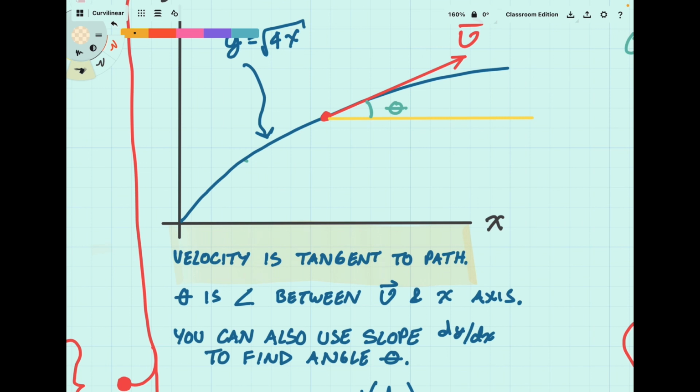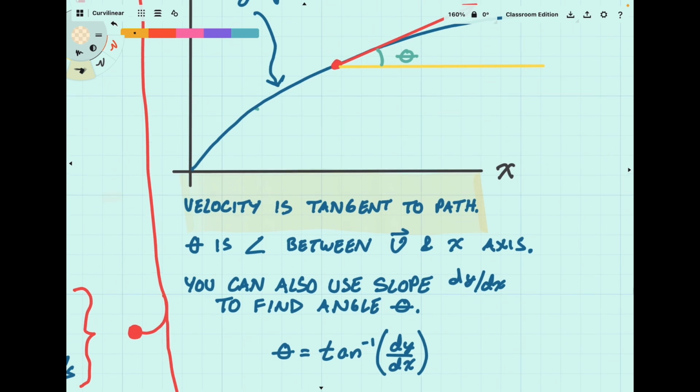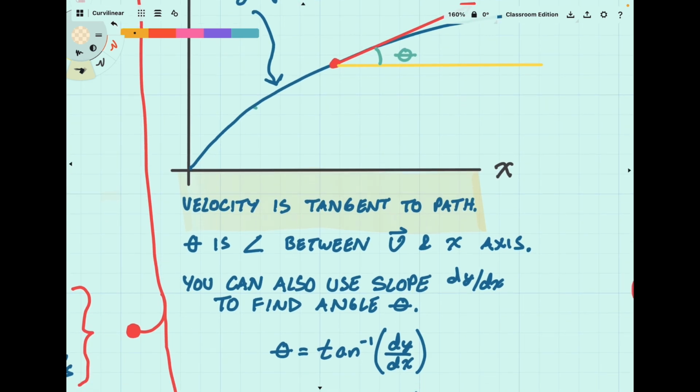You can work directly with the velocity now that we've got the components, but even if you didn't have the velocity components, you could still find the angle just from the path equation. The tangent line is the slope of the plot; that's the definition of slope, the slope of a line tangent to a plot at a given point. So if we can find the slope, then we can find angle theta.